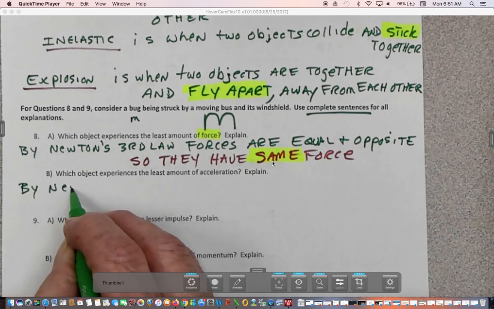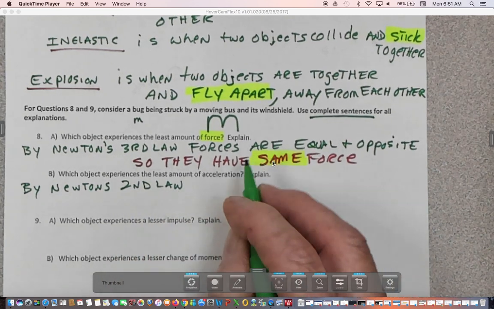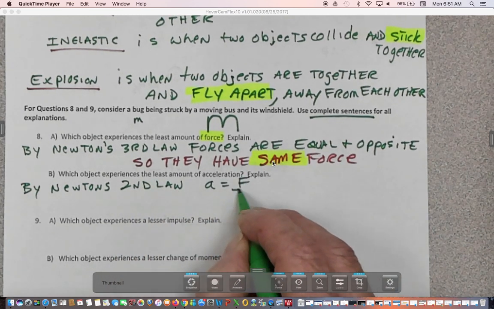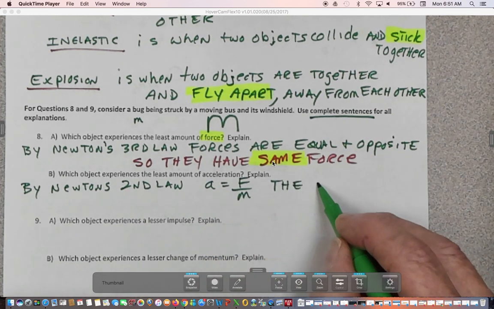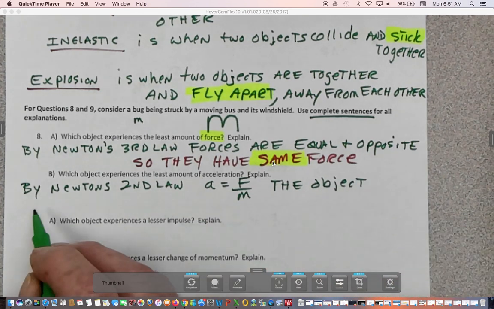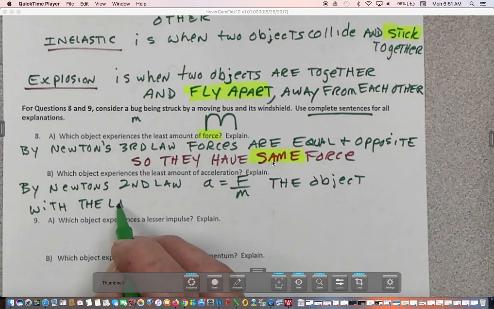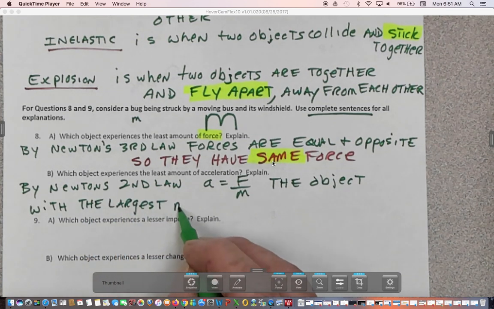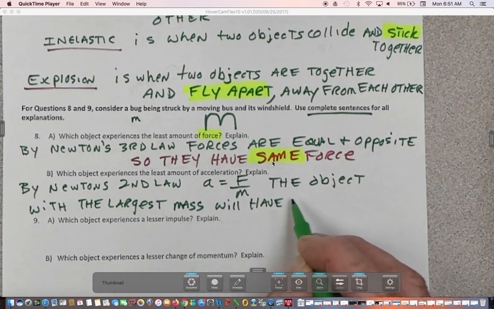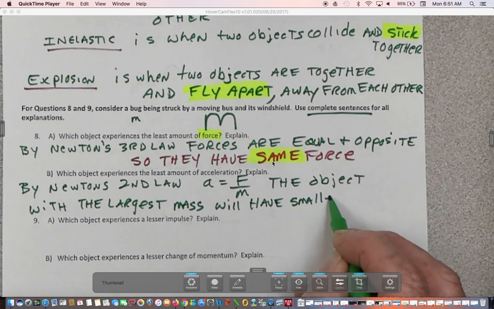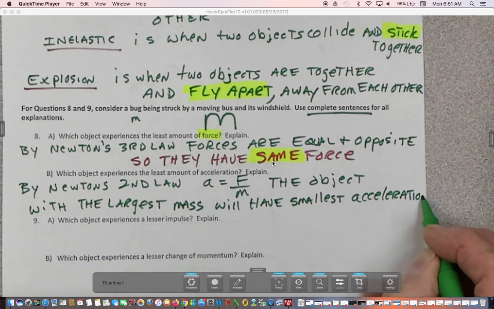By Newton's second law, A equals F over M, the object with the largest mass will have the smallest acceleration. I expect these statements are written out or you will not get credit.